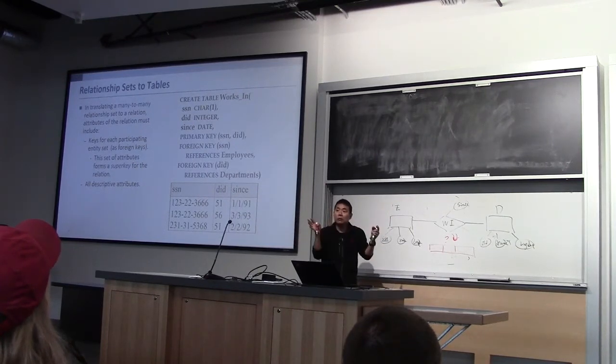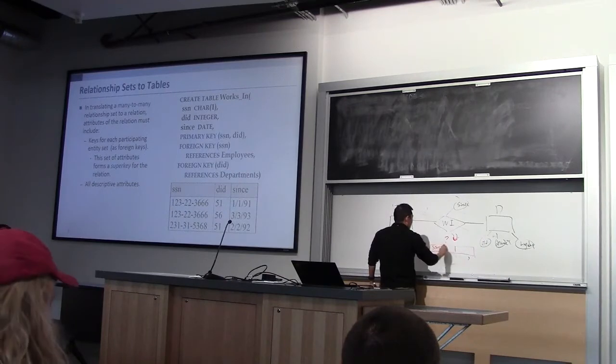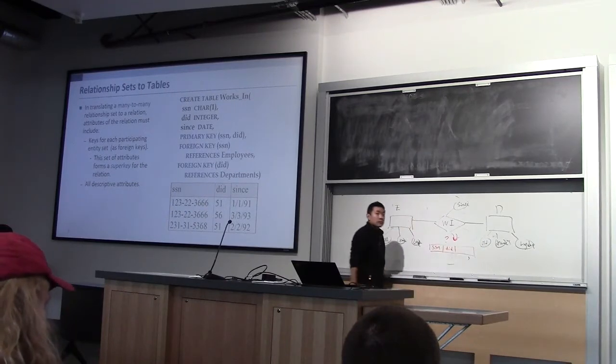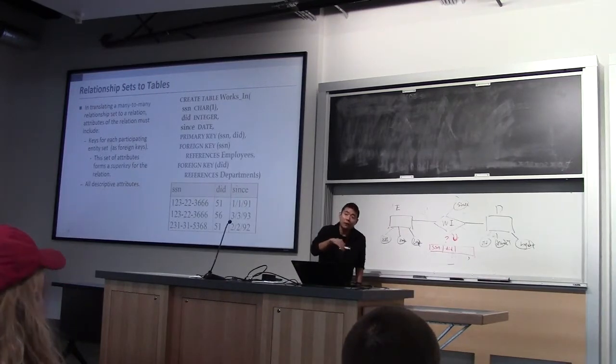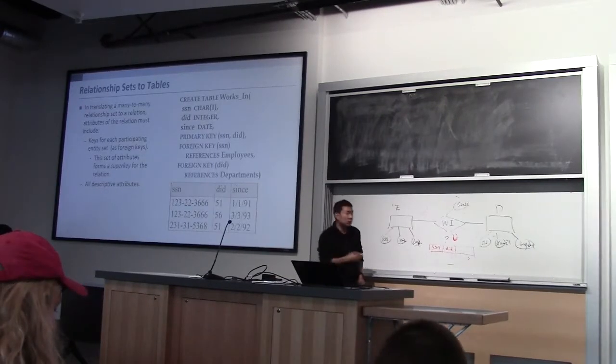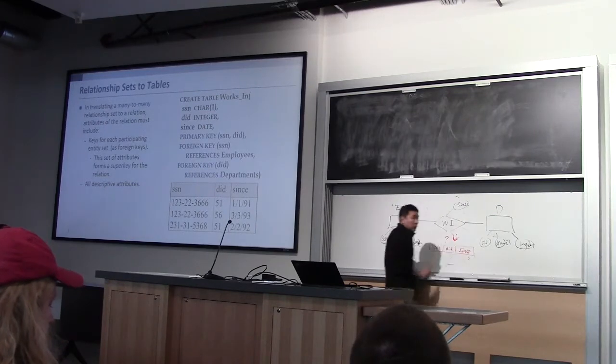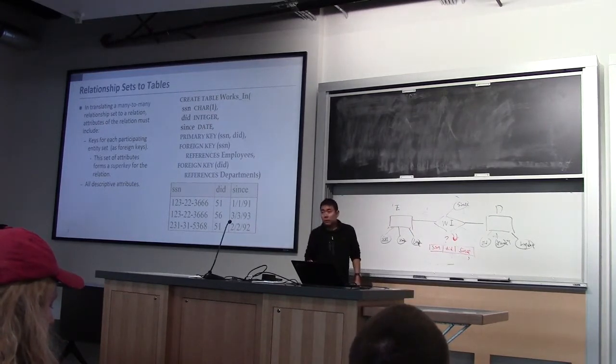In this case, the binary relationship set means just 2. So you take SSN and DID, as well as any relationship-set-specific attribute into this table. In this case, there is only one, which is since. So that will be your table. The schema will be your table.